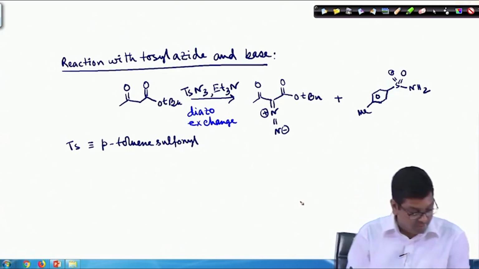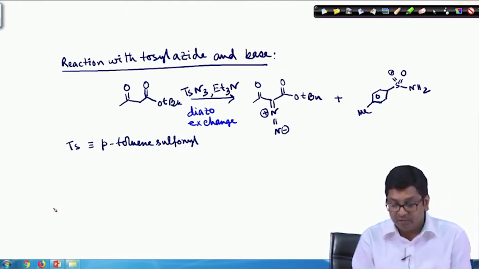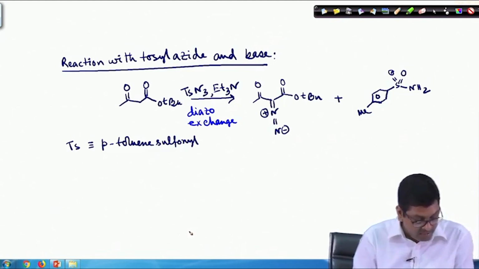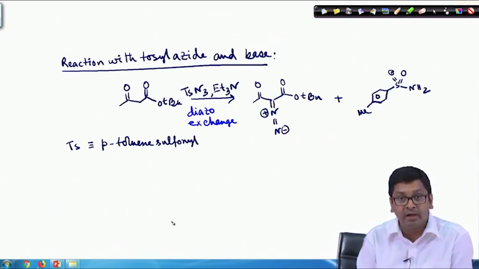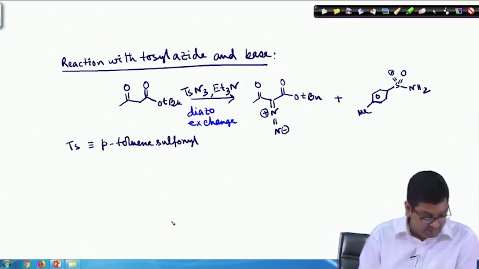Now, in another method for the preparation of these diazocarbonyl compounds, people have used the alpha-trifluoroacetyl derivatives of the ketone to prepare its corresponding diazo derivative.